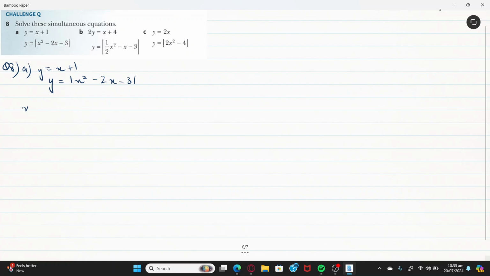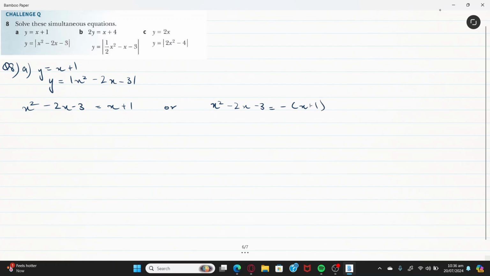So x squared minus 2x minus 3 is equal to x plus 1, or if we open this modulus function, we are going to get two possibilities, a positive one and a negative one. So x plus 1, or you can say x squared minus 2x minus 3 is equal to negative multiplied by x plus 1.